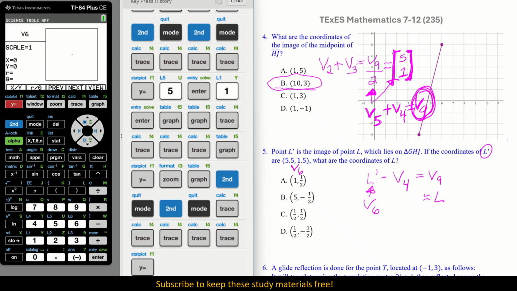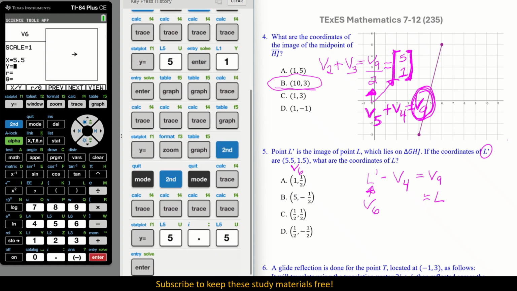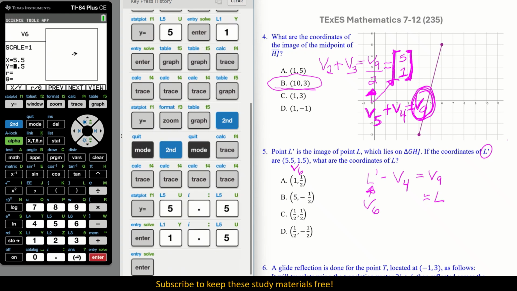So here we go. It says V6, we're going to put 5.5. Remember, decimals are the best. And then 1.5 enter. And I'll be honest with you, try to put in a fraction in this entry where I am. It's not going to work. It will not take it, unfortunately.